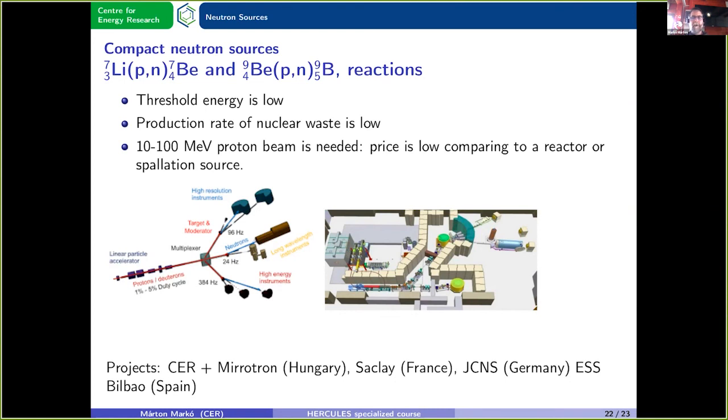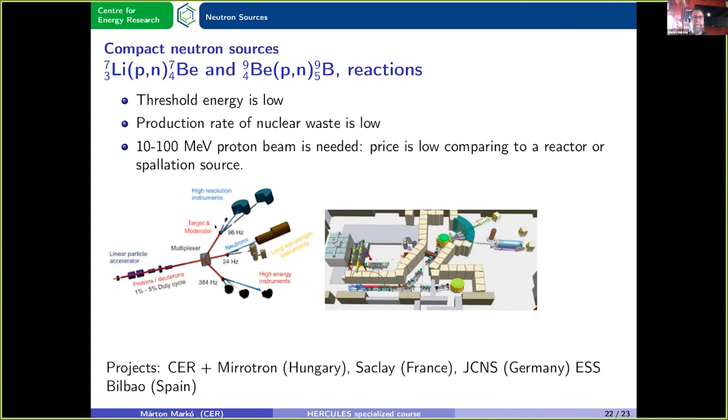And there are other sources planned in Saclay, in Jülich and Bilbao. They are going to build compact neutron sources with the same neutron intensity as medium-sized reactors like in HMI or Budapest Research Reactor. And the compact source, it looks like this one.